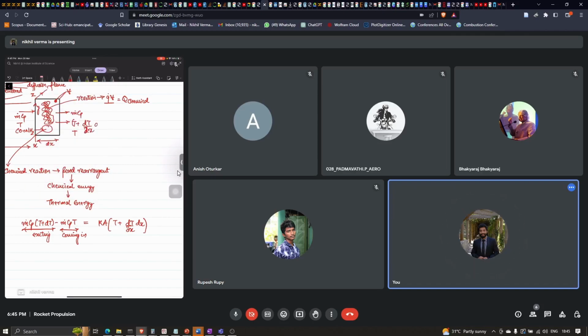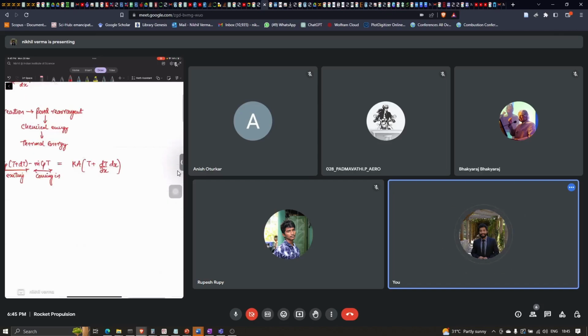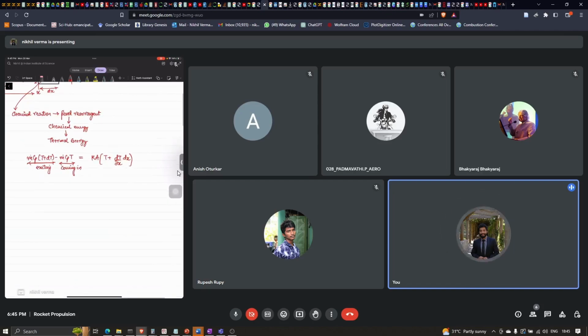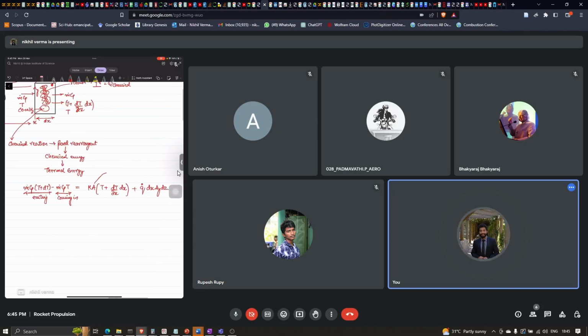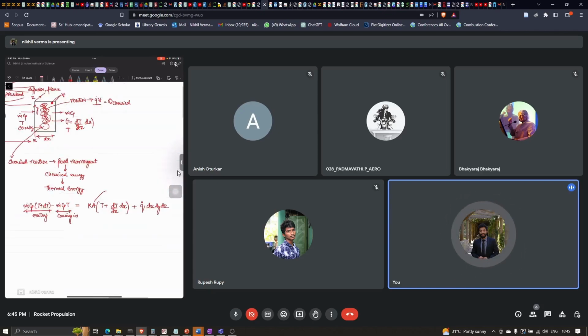2x into dx. So plus the heat that is getting generated inside this, right? Okay, so the cross section area along this axis will be equal to dy into dz.